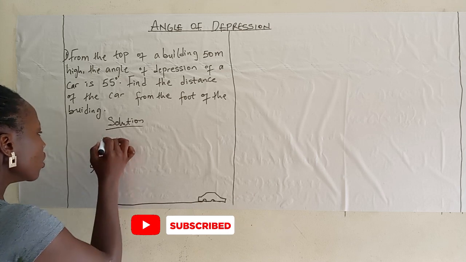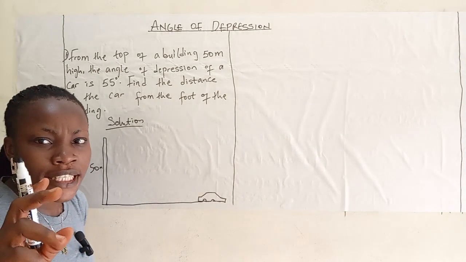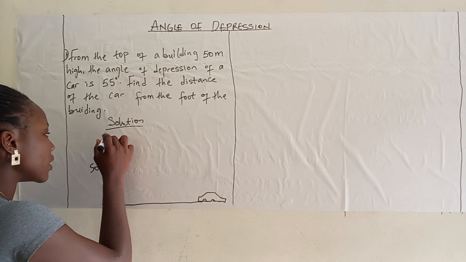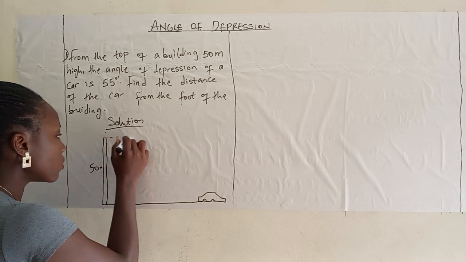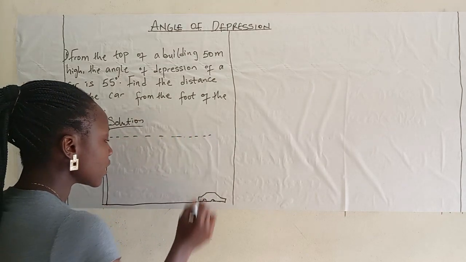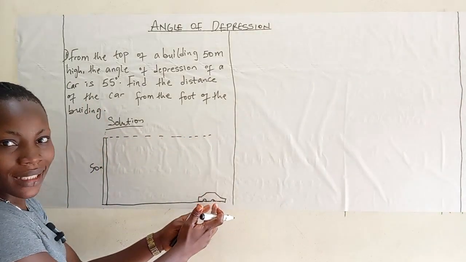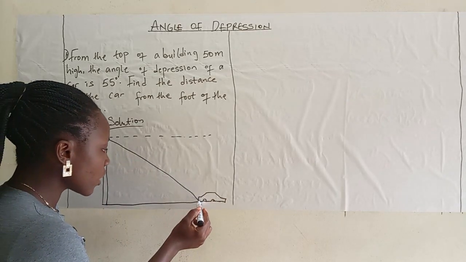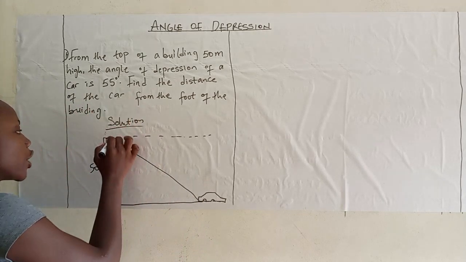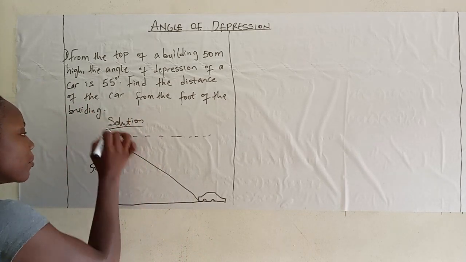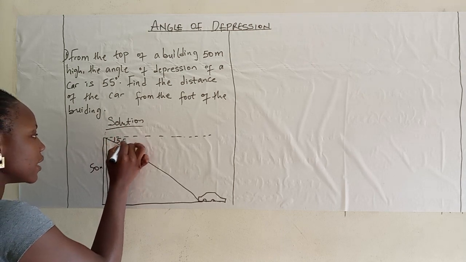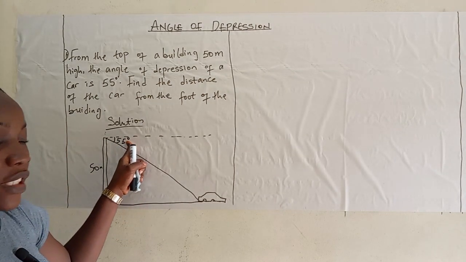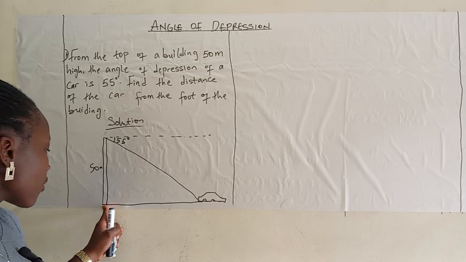Now, there is an invisible person on top of this building with eye level this. The person looks down to look at this car. Looking down at the car, the angle of depression is formed here. That means here is 55 degrees, right? This angle is 55 degrees.